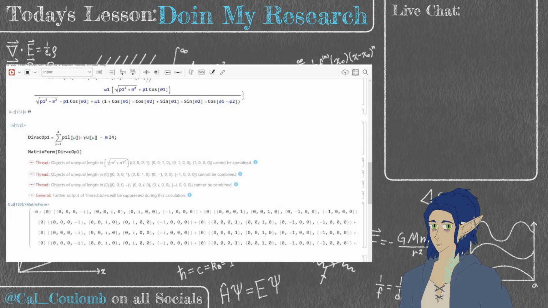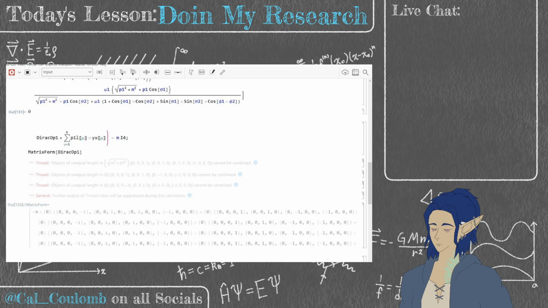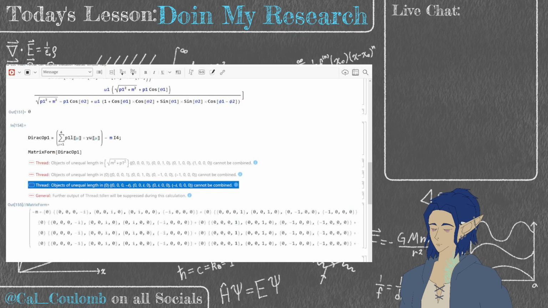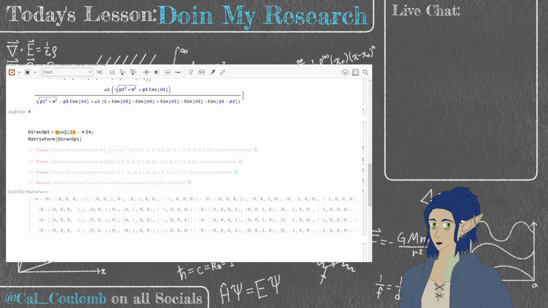This is the right notation. This should work. Let me try something.